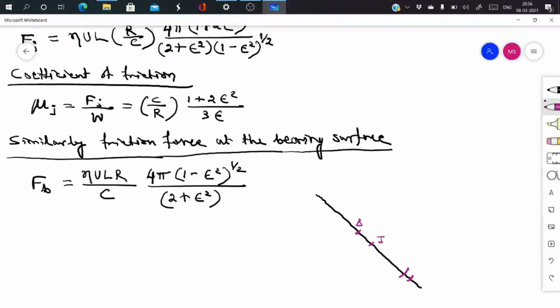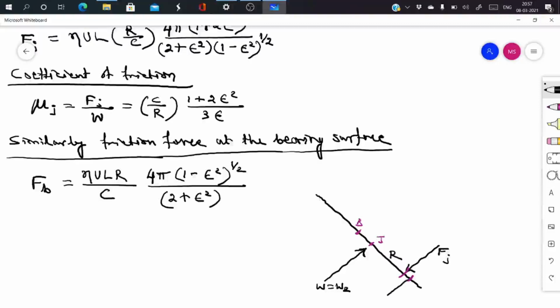Okay, now if you do the force balance, as we already discussed, only Wz is there, so W equal to Wz is acting, and this distance is r. Now this is the friction force Fj.